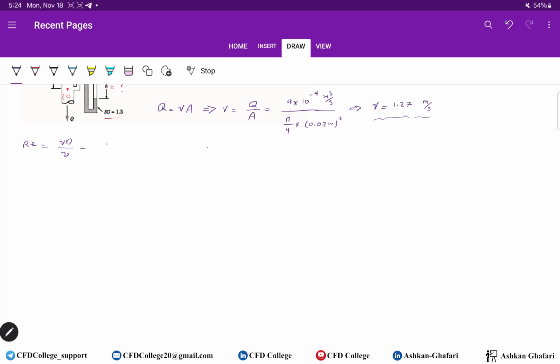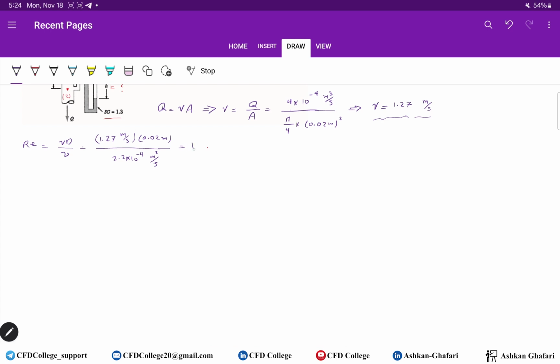We have velocity 1.27 meters per second, the diameter is 0.02 meters, and nu is 2.2 times 10 to minus 4 square meters per second.